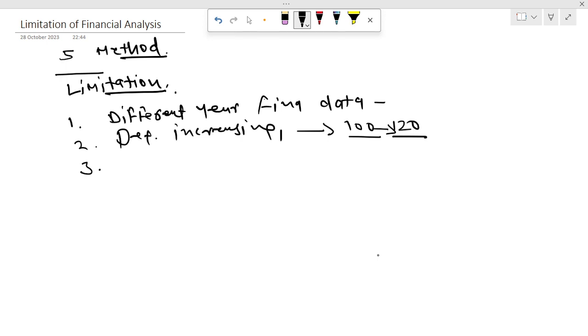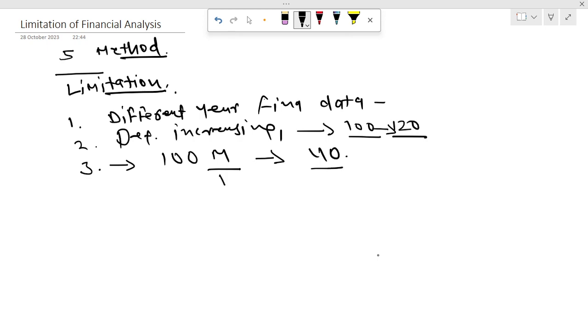We do not consider non-monetary aspects, such as what decisions were taken and what conditions or situations prevailed during that particular year. For example, in 2020 COVID happened, and if you do your analysis, you will see that in 2019 the company made 100 million revenue, but in 2020 the revenue was only 40 million.